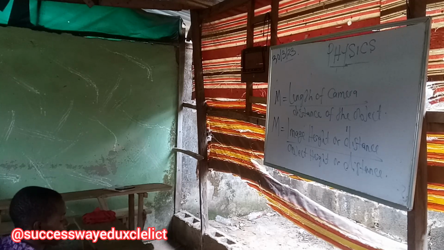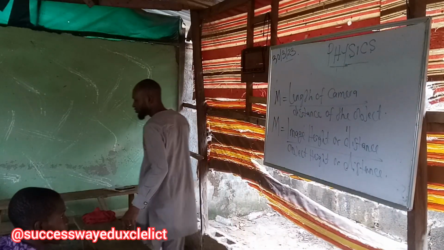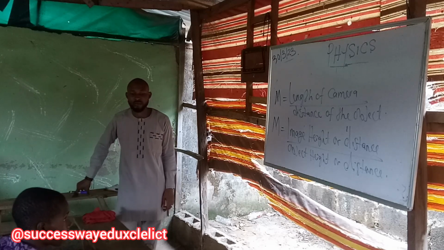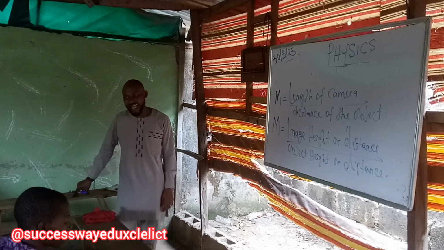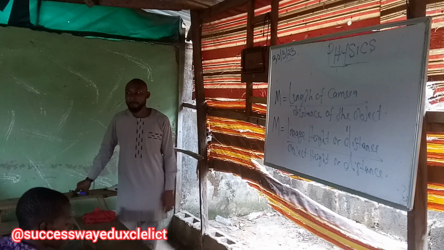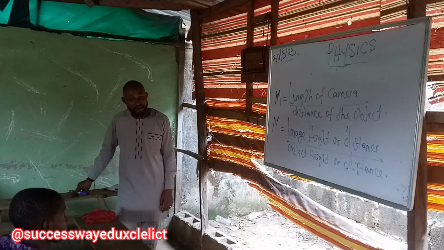Now let's see how we'll be able to relate these formulae with the question under consideration. What are they asking us to look for from that question? The object distance.